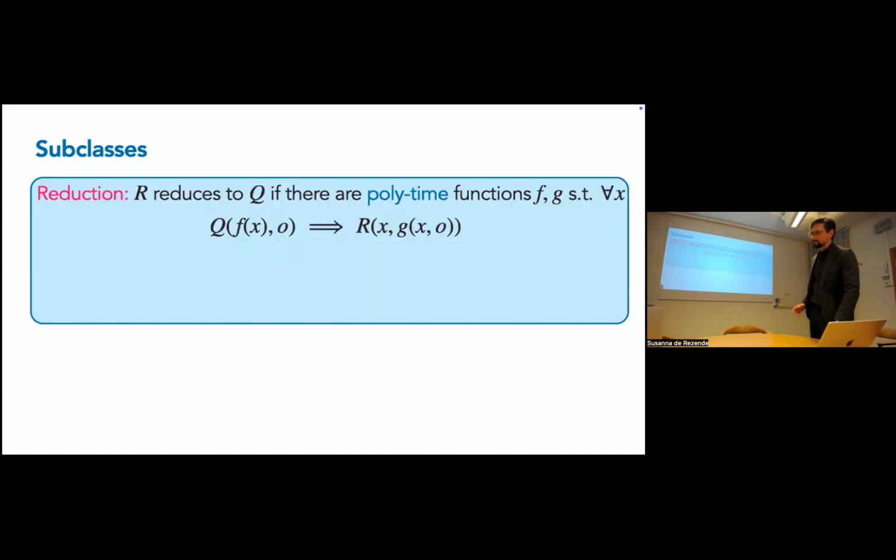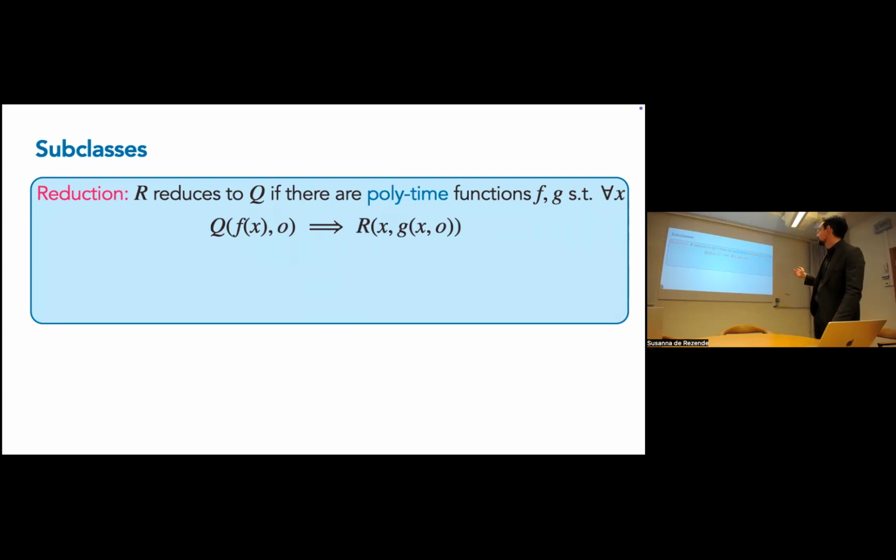Okay. So I said polytime reductions, but what does a reduction mean in this world? We're talking about search problems, so we have to talk about mapping solutions to solutions. For decision problems, the output was either 0 or 1.